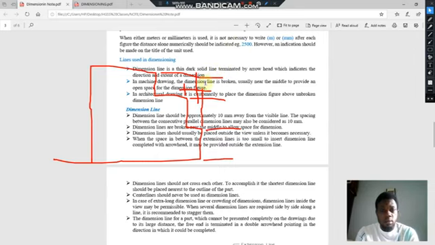That is, dimension lines should not cross each other.